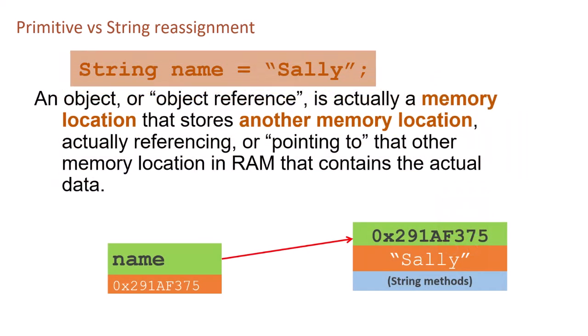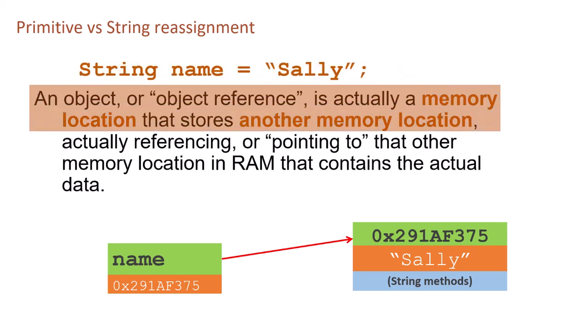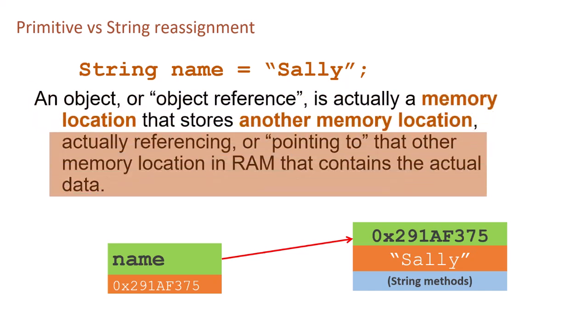String name gets Sally. An object or object reference is actually a memory location that stores another memory location, actually referencing or pointing to that other memory location in RAM that contains the actual data.